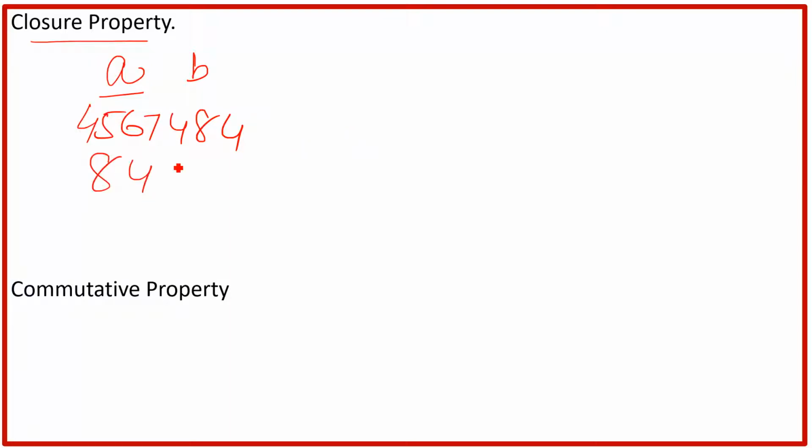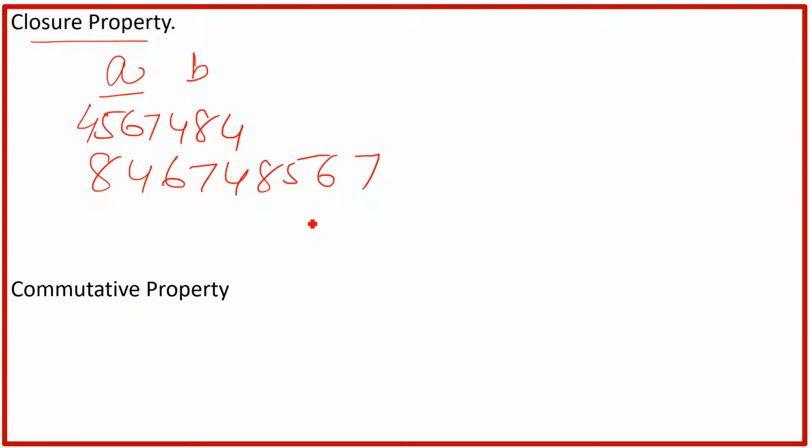The closure property says if A and B are any two whole numbers, anything, right? Suppose we have A, any whole number, and B is another whole number.